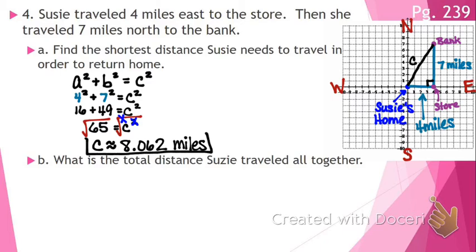For part B on this question, it says, what is the total distance Susie traveled all together? So she goes from home to the bank, to the store, and then back to home.